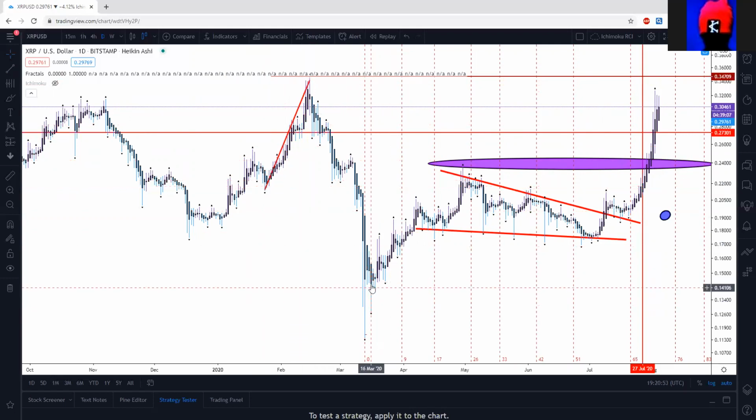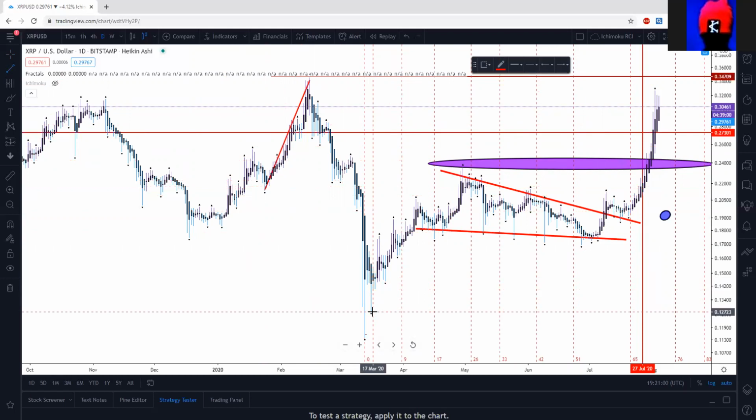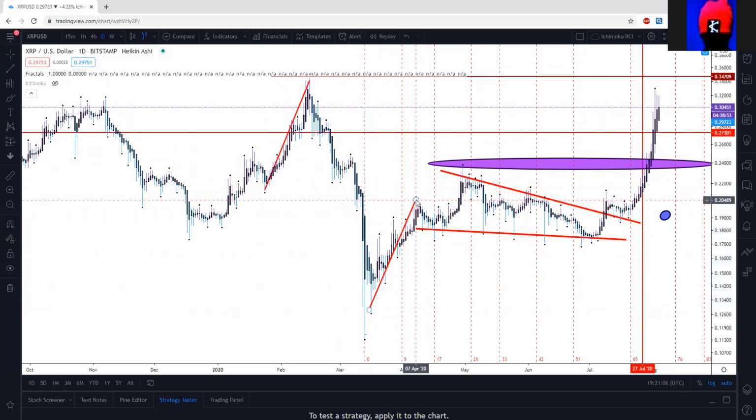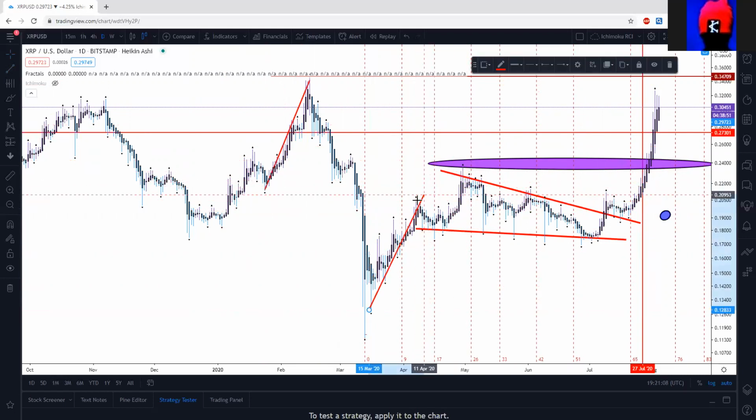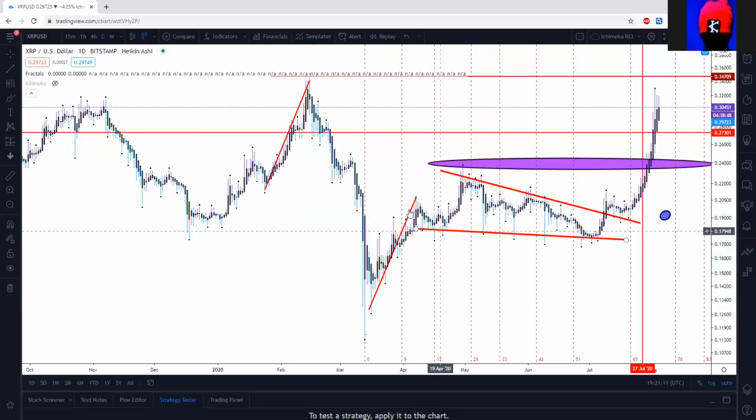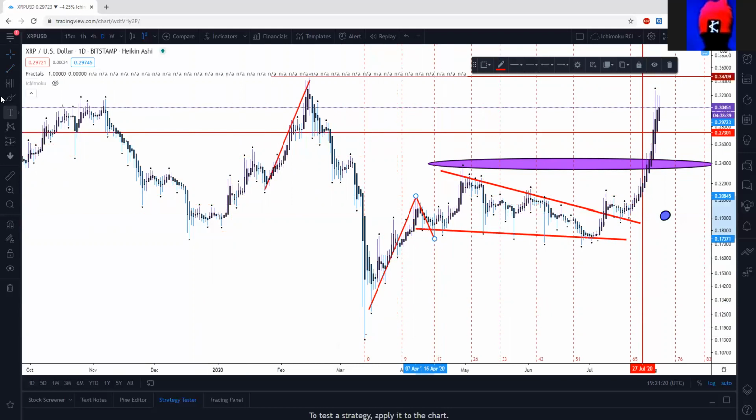Even from here, you can make an I wave from this point. You don't have to use the wick, but you can, and I'm going to use it for this example. From here would be a good I wave, and you could also make this an I wave if you wanted to, but that's more of an N wave. So you got this I wave here, then you got a V wave right there, and then to finish it off, you got an N wave that formed right here.